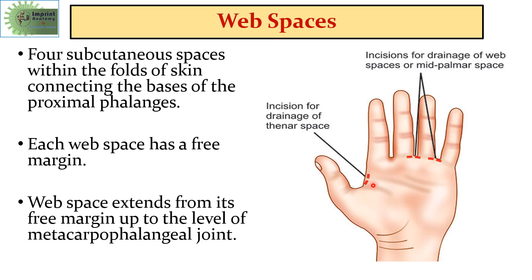This incision can be taken for the draining of the pus. Each web space has a free margin, and this web space extends from its free margin up to the level of the metacarpophalangeal joint.